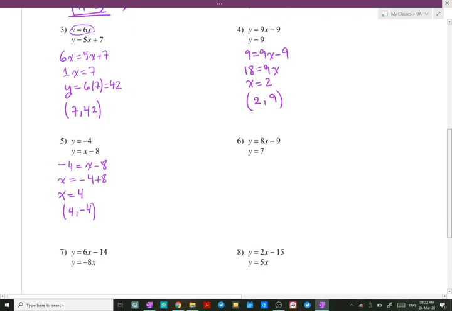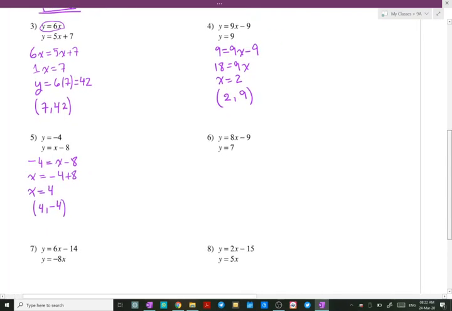Let us take this number and graph it so that you will understand what I mean by the solution graphically, finding the solution for the system graphically. In order to graph a line, you need to establish the t-table. So you have x and y. When x is 0, y is minus 8, and when y is 0, x is 8.